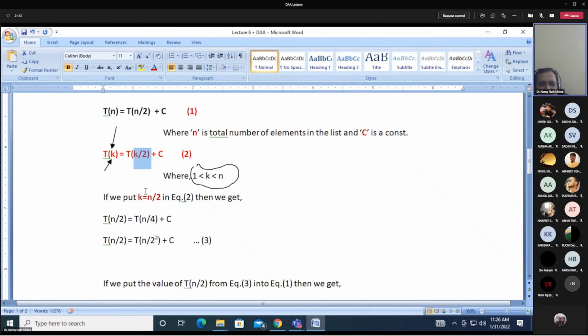N by 2 by 2 is how much? N by 4. So T(n/2) equals T(n/4) plus C. So it means that in equation 2, in place of k, if you write n by 2, you will get this one.